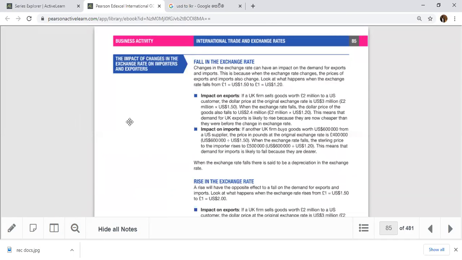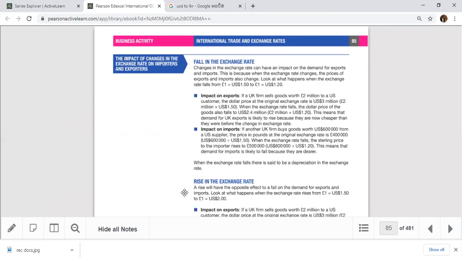The impact of changes in the exchange rate on importers and exporters. What kind of impact is there? There are two things that can happen for importing and exporting: a fall in the exchange rate, or a rise in the exchange rate. This situation we call depreciation and appreciation.